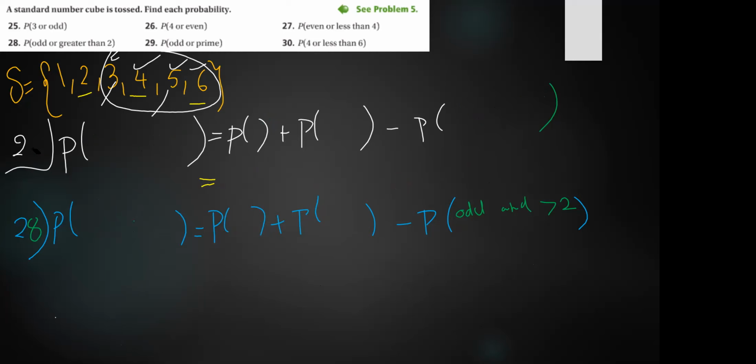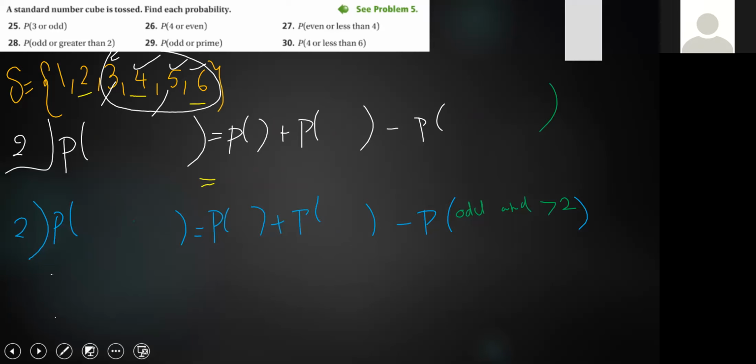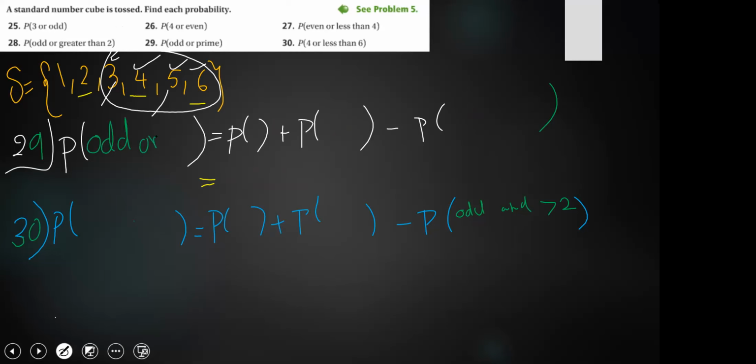Now, numbers 29 and 30. For number 29: odd or prime, minus odd and prime.